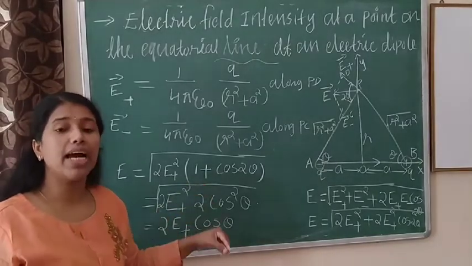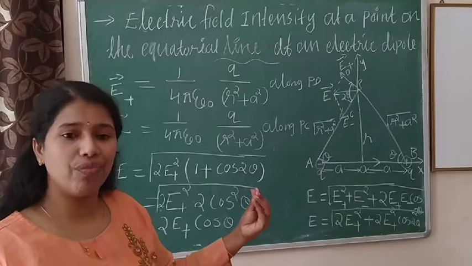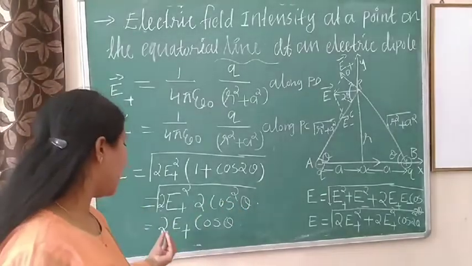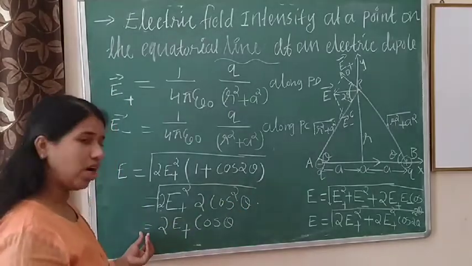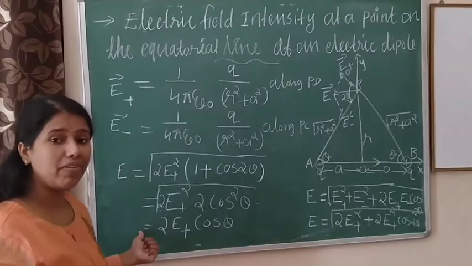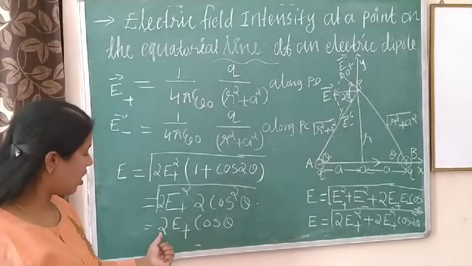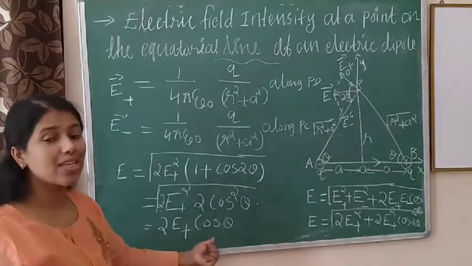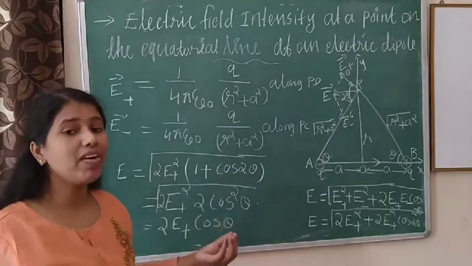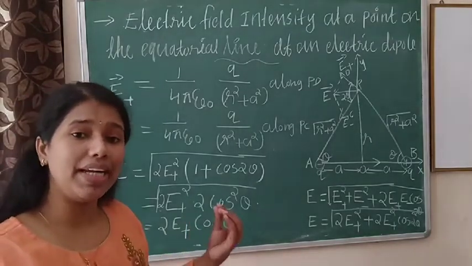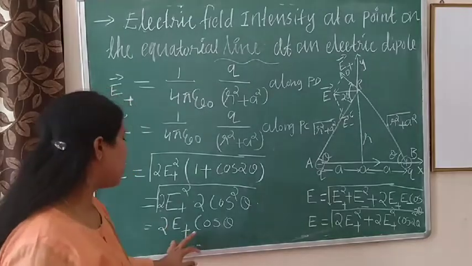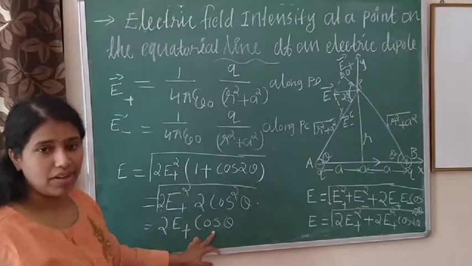If you apply the parallelogram law of vector addition, we get E, the total electric field intensity, equal to 2E+ cos θ. Most textbooks have given directly 2E+ cos θ.